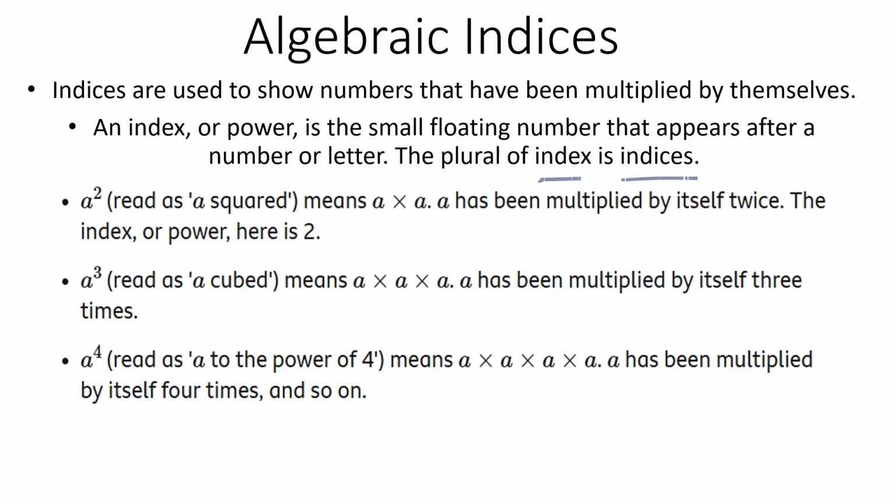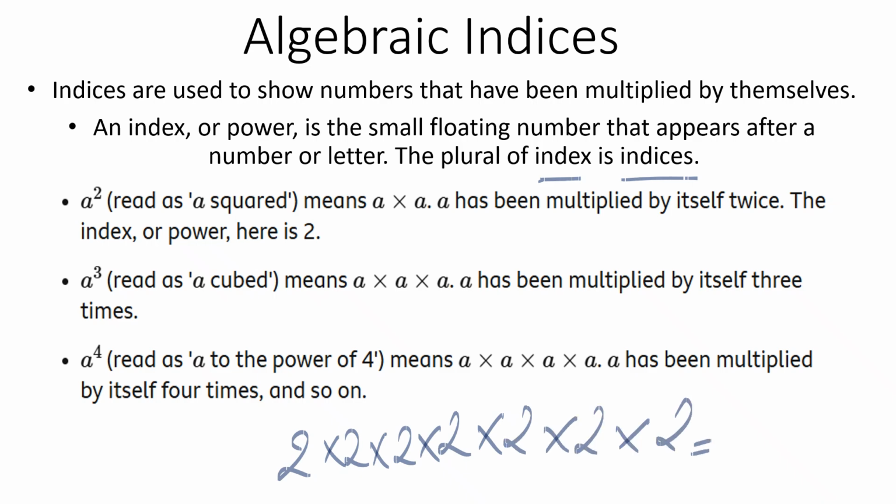Now suppose I have a number, let's just say in this way, 2 2 2 2 2 2 2, like this. Now it becomes very difficult to write all the time in this form. So what we can do here is use the concept of algebraic indices, and we can represent this big number in a small and simplified way.